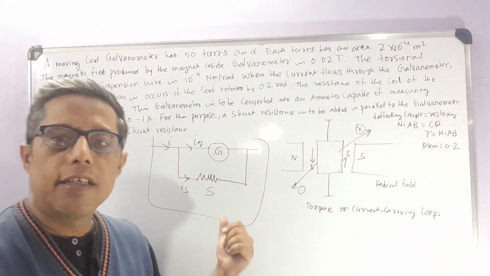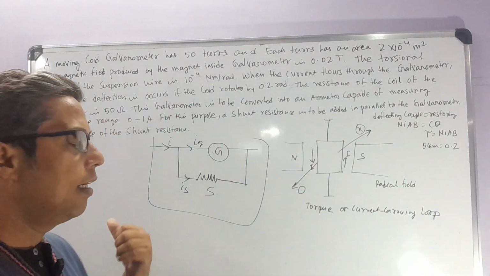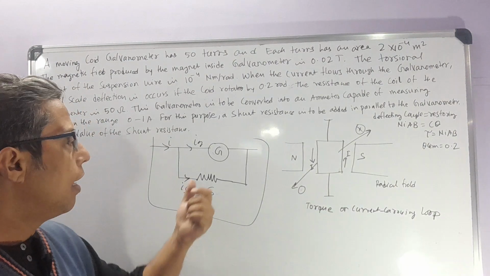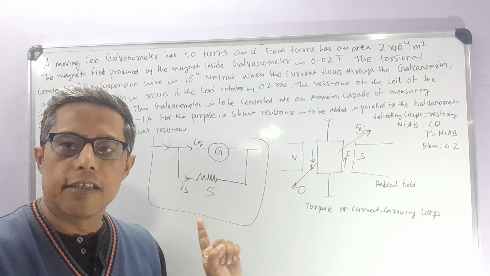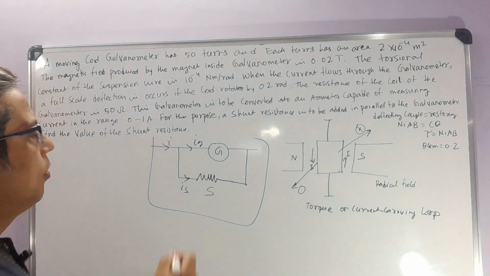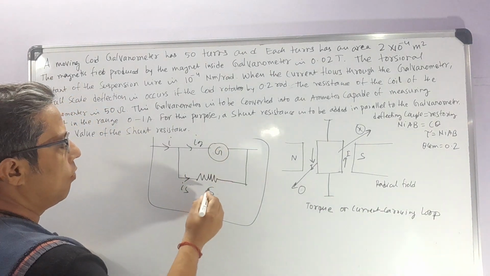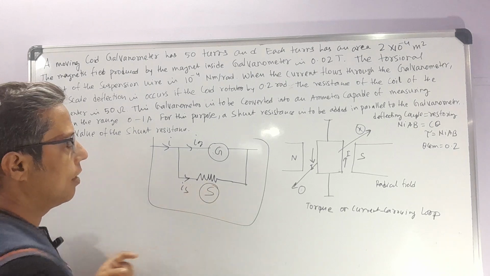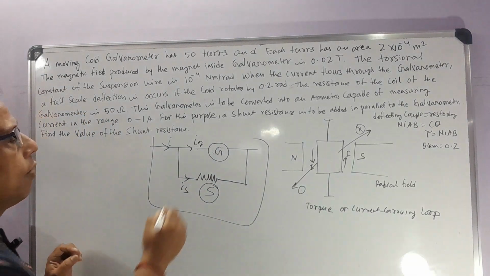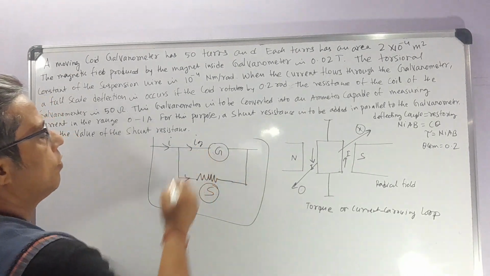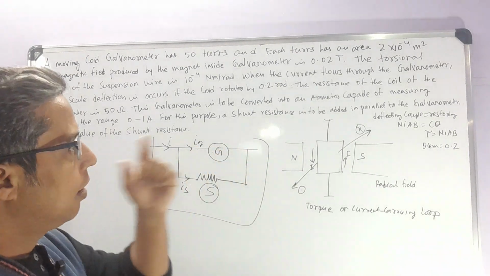So an ammeter is an instrument which measures current. Inside the ammeter there is a galvanometer and a shunt resistance. Now the question here is, what is the value of this resistance S? We have to find this resistance. In the problem they have given galvanometer related parameters.